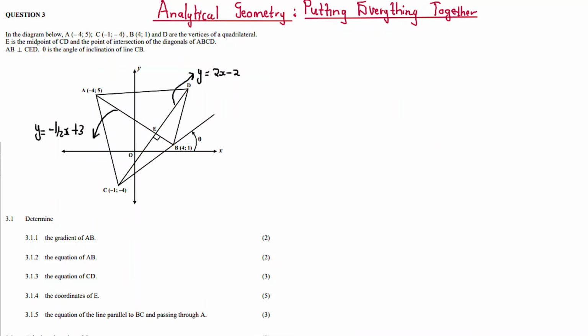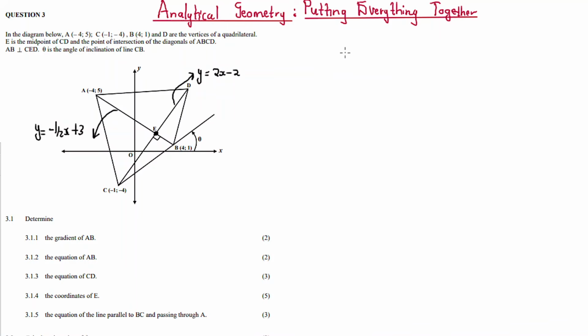Okay, now I have the equations for these two lines, CD and AB. The coordinates for E, since the point E is the point of intersection. So how do we calculate coordinates for a point of intersection? We solve the equations for the two lines simultaneously.